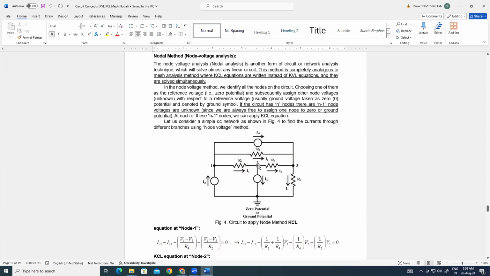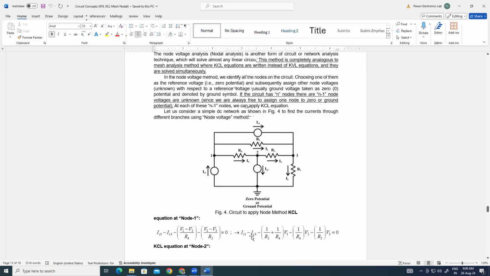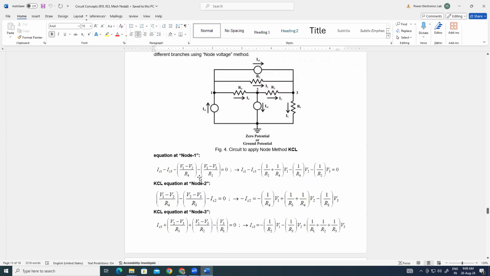At node 2, node voltage V2, and at node 3, node voltage V3. The equation at node 1 is written in terms of V1, V2 and V3. You take all incoming and outgoing currents, and as per KCL, the algebraic sum of all incoming and outgoing currents will be 0. Based on that you write KCL equations at each and every node, except the reference node.